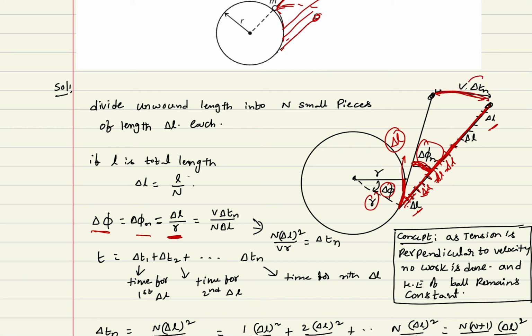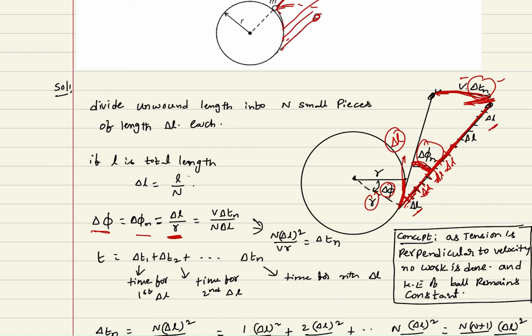How much distance is the ball covering in delta t n time? I have taken each part as delta t, delta t, delta t, like that, up to delta t n parts. In delta t n time, v into delta t n is nothing but the length needed to unwind. In delta T1 we unwind delta L1, for two parts delta T2, and like that for n equal parts delta Tn time.